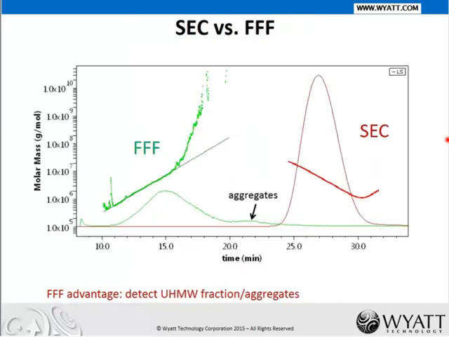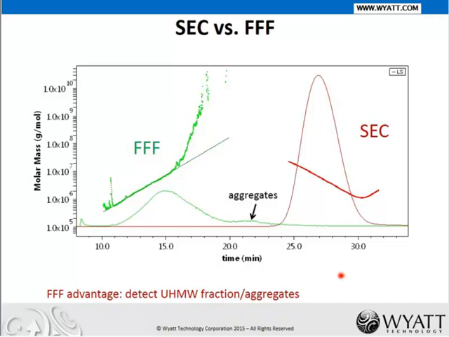The second protein-polysaccharide example also showed curvature in SEC data, but the molecular weights from FFF still monotonically increase with elution time or volume. But we can also detect an aggregate peak from the FFF separation, and this was not seen from the SEC separation.